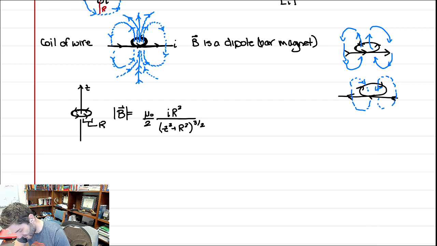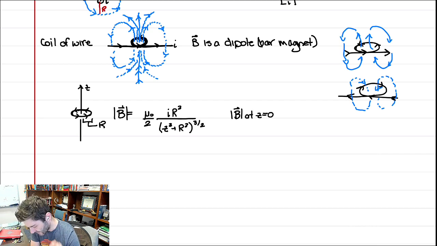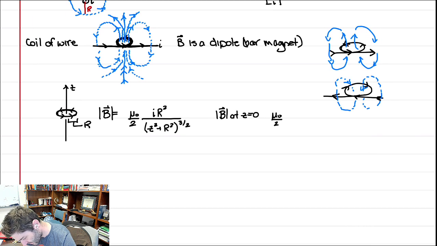And so then you'll particularly see that the magnetic field at z equals 0, if I plug in 0 for z, I get mu naught over 2, and it looks like it's I r squared, all over r squared to the 3/2 power.